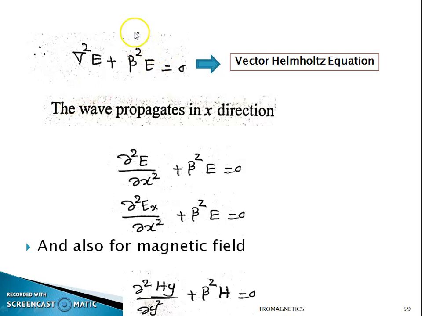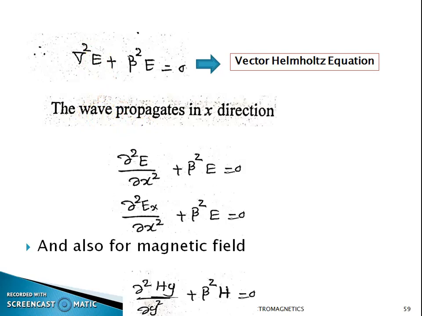So we know the wave that propagates in x direction only, that is, del square E means dou square divided by dou x square of Ex plus dou square divided by dou y square of Ey plus dou square divided by dou z square of Ez is equal to del square E. But we know the electric field propagates only in x direction.